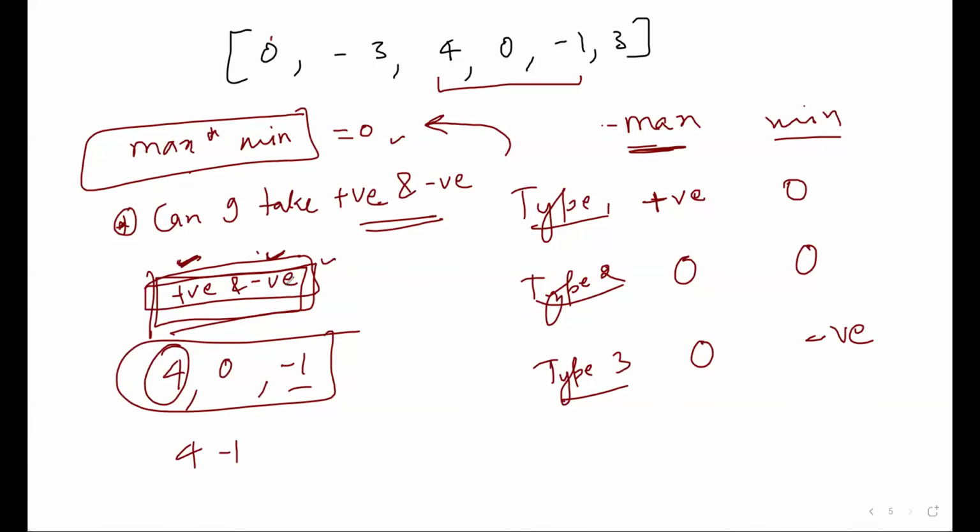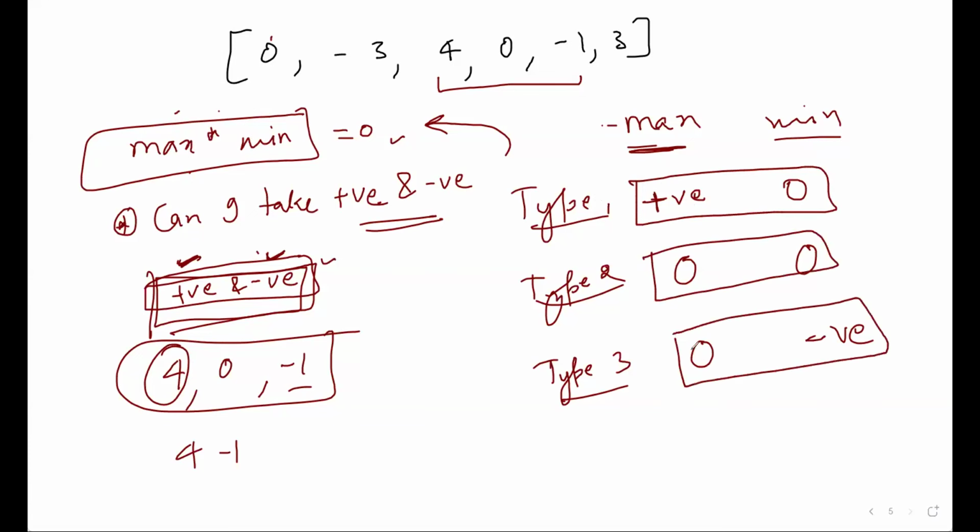To have a product of zero, you need either the maximum or the minimum, or both, to be zero. So that is what I have written here. We have three cases: type 1, type 2, and type 3. Your task is to find how many type 1 subsequences there are, how many type 2, and how many type 3.